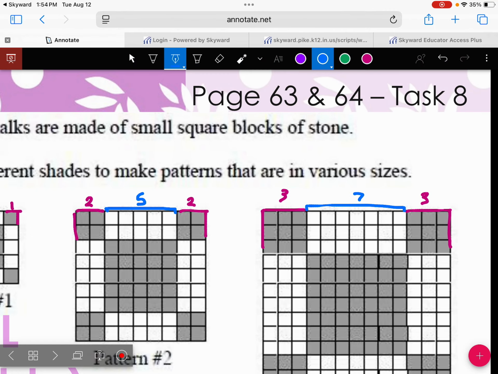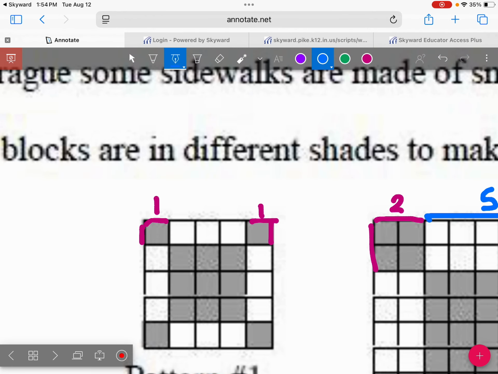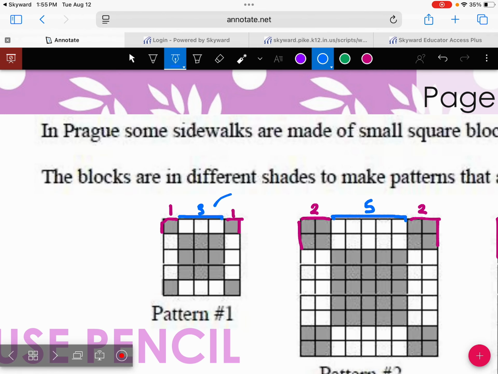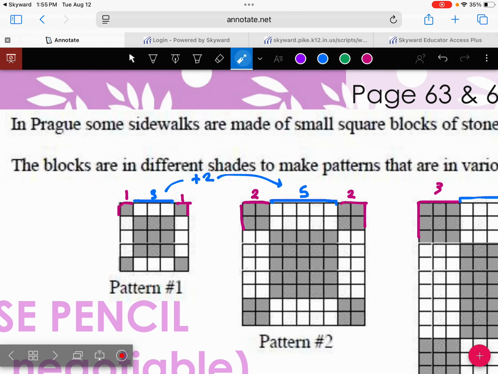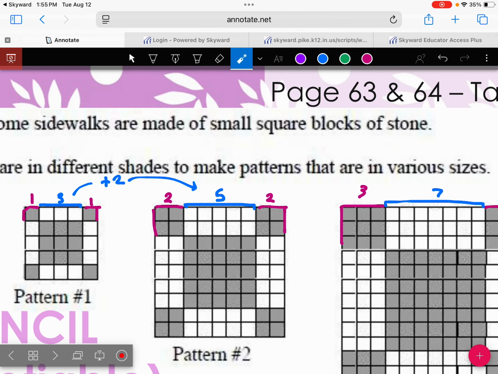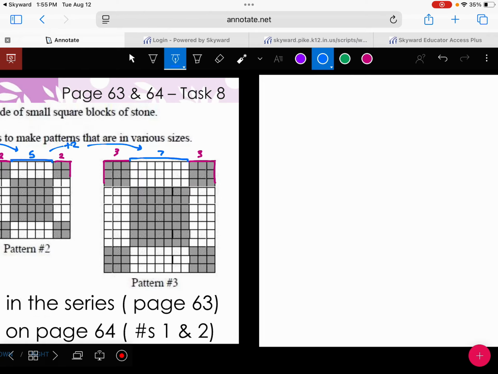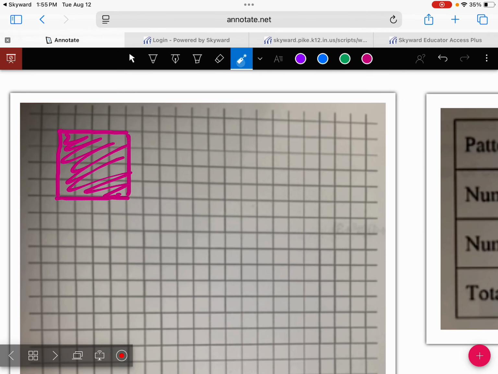And over here we had 3, in the middle one. So the middle squares are going up by 2 this time, whereas each of these side squares was going up by 1. So this guy's going up by 2 to get to 7. That means on pattern number 4, how many over do we need to go? 9. 1, 2, 3, 4, 5, 6, 7, 8, 9.